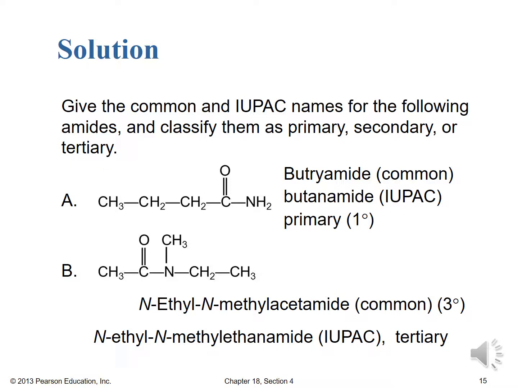So if we want to name this thing correctly, it's an N-ethyl N-methyl acetamide. And again, that's just alphabetical order for those nitrogen substituents. It's a tertiary amide. All 3 bonds from that nitrogen are going to carbons. Or if we name it by the IUPAC method, it's N-ethyl N-methyl ethanamide, still a tertiary amide, and that's our solution to those 2 structures.